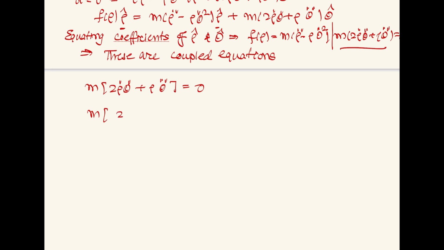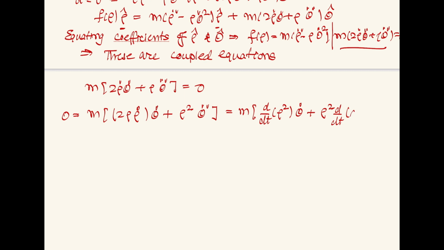So I'm going to get twice rho times rho dot times theta dot plus, I'm multiplying by rho, so this becomes rho squared, theta double dot, equals 0. So that can be written as m times, I can write the first term as d by dt of rho squared times theta dot plus rho squared times d by dt of theta dot.